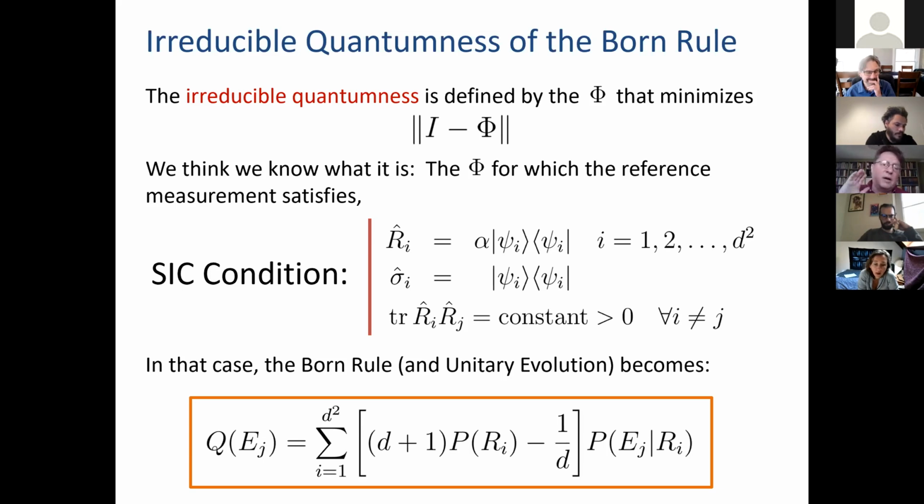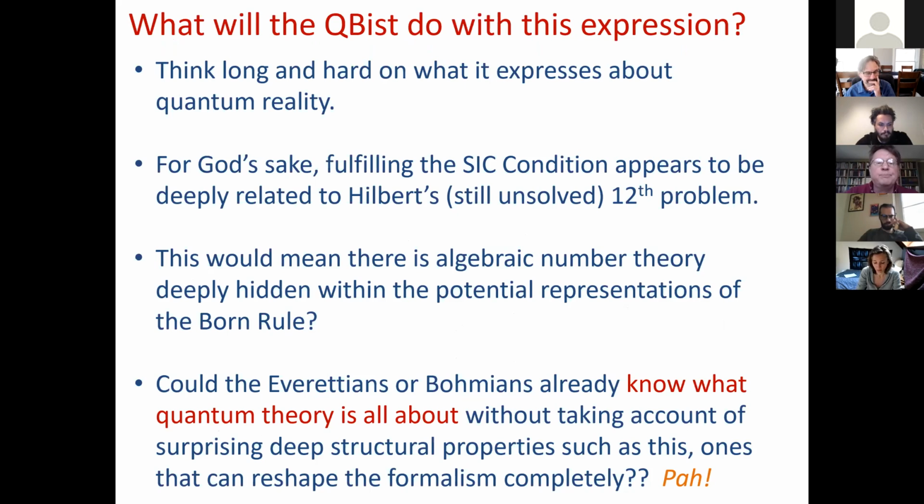So let me just give a summary of the Cubist way of thinking about things. We now have this formula that we believe expresses the irreducible quantumness, the irreducible deviation of the Born rule from the law of total probability. What are we going to do with it? Well, first we're going to think long and hard on what it expresses about quantum reality.